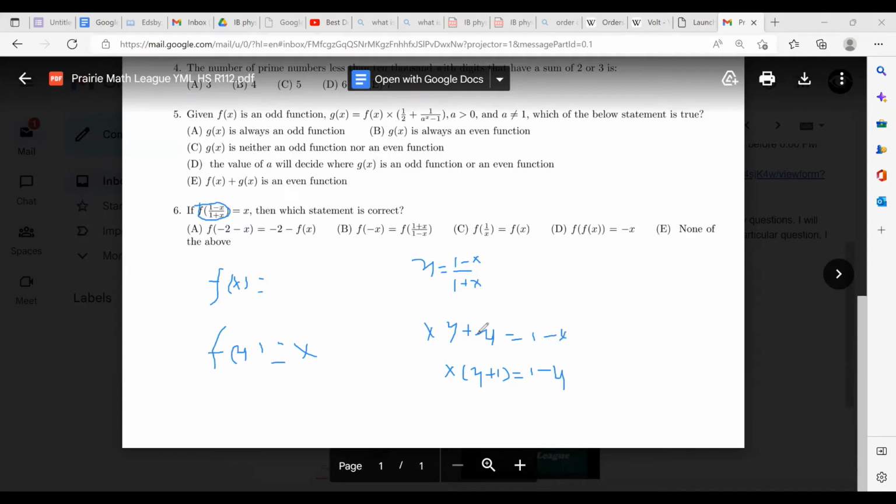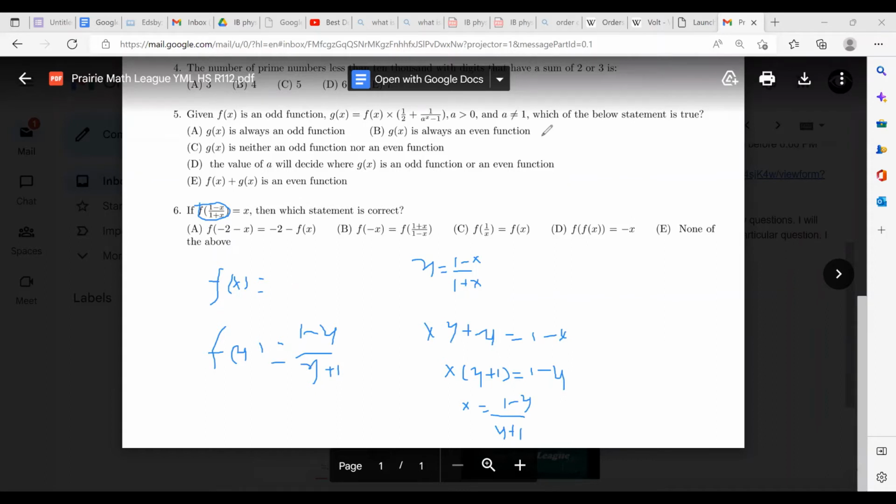It moved over, and it becomes 1 because you take the x out. But anyways, x is equal to (1 minus y) over (y plus 1). So instead of writing x over here, we can replace that with (1 minus y) over (y plus 1).